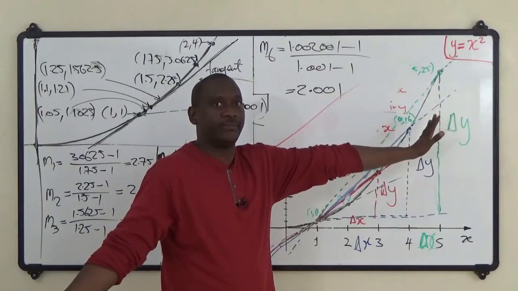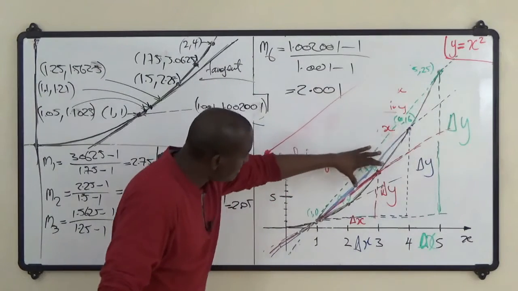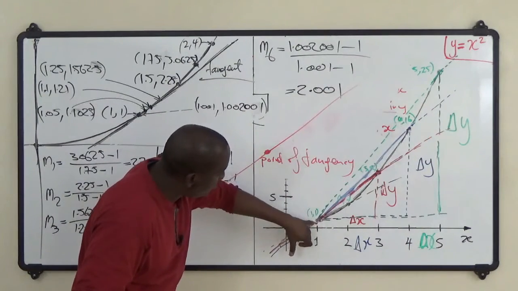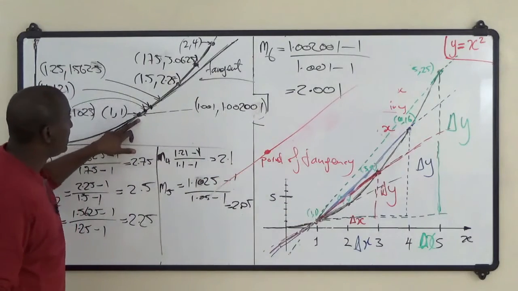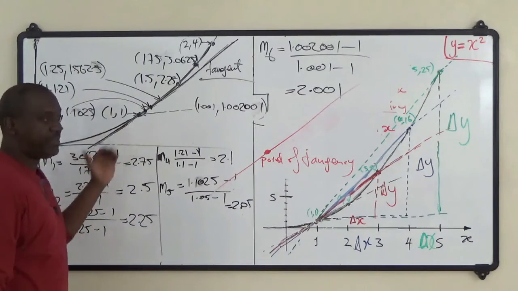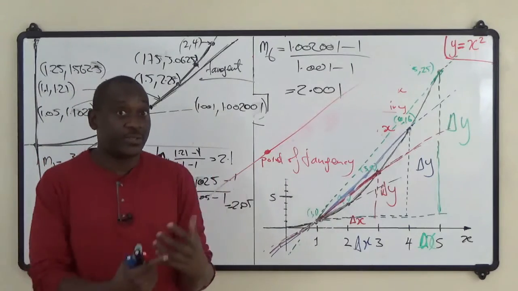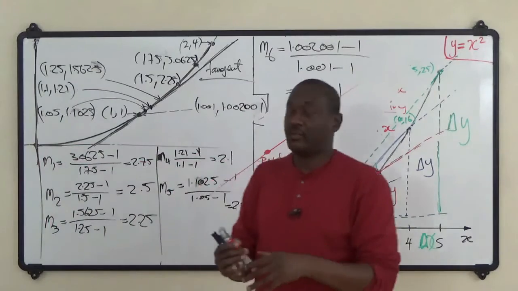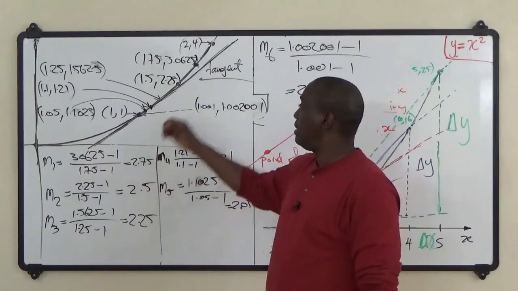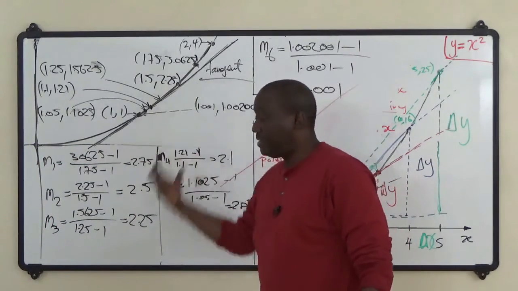Either way is the same thing. So as this chord gets to the point where the length of the chord is 0, then whatever secant line is associated with that chord of length 0 will have the same gradient, whatever that gradient is. That gradient will be the gradient of the chord.